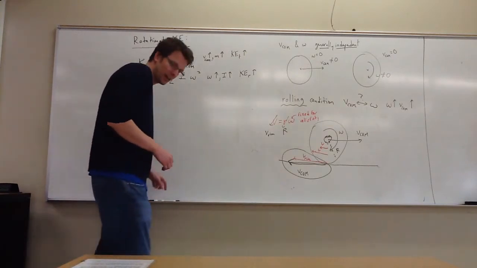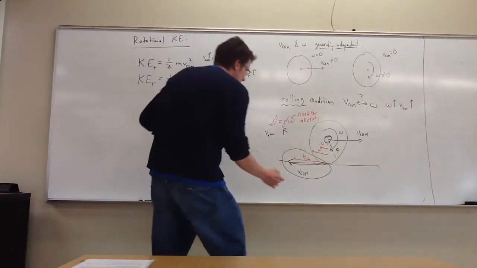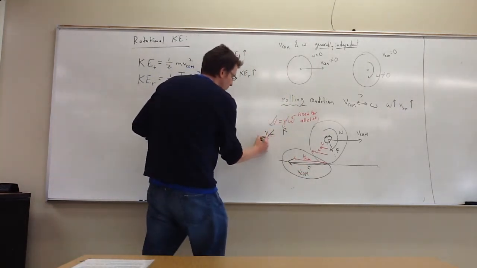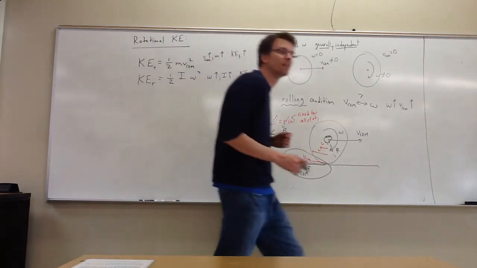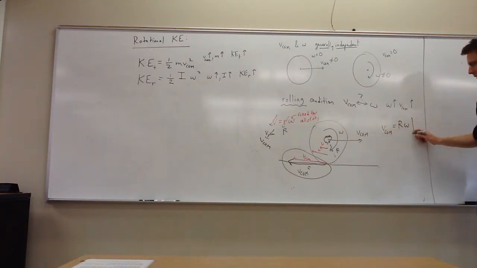So, where does that help me? It helps me because now I can say that these two are equal, and I plug in V com here. And I'm done, because now I have my relationship. V com equals capital R times omega.